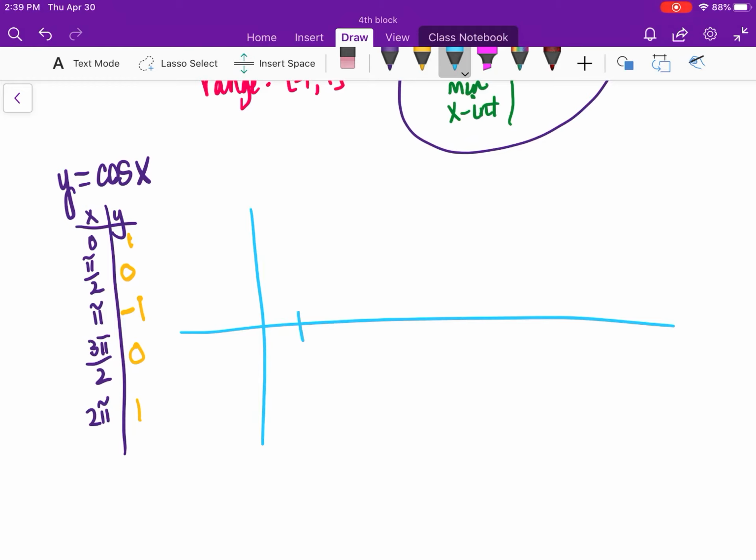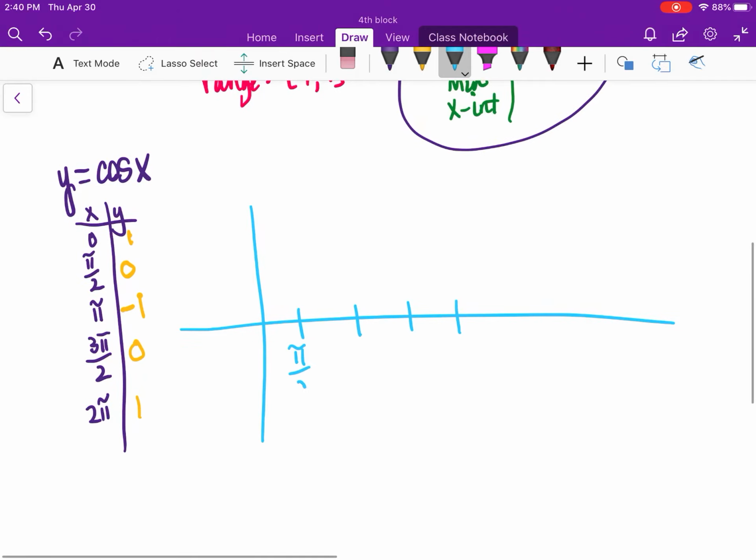So when I go to make my graph this time, I have 0, pi over 2, pi, 3 pi over 2, and 2 pi. Okay, so those are the points I put in my t-chart, so that's what I made for my scale on my x-axis so that could match up.